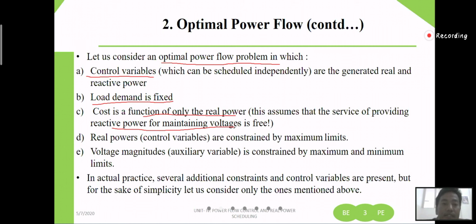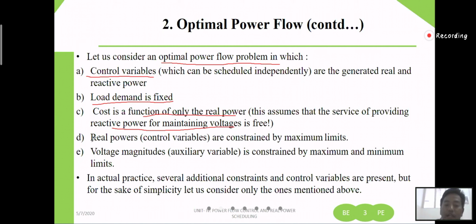For simplicity, we'll carry out one example of optimal power flow, considering control variables, then load demand is fixed, then cost is a function of only real power, which means we are considering that reactive power for maintaining voltage is free. If there is no reactive power, you know that there won't be real power. But we are considering only real power, which means providing the reactive power for maintaining voltage is free.